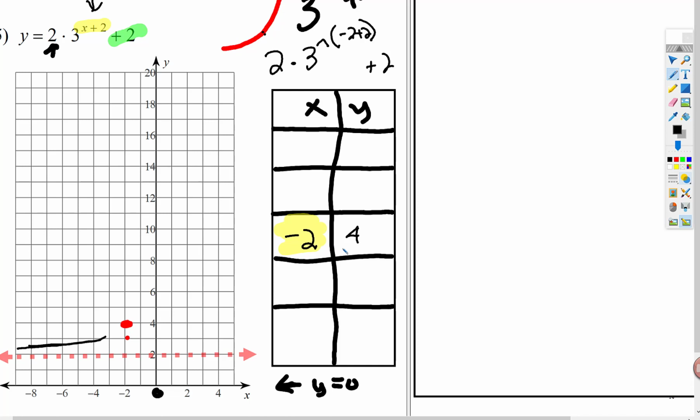Sorry about that. That's why the table of values is helpful, because it's easy to mess this up. And then go 2 to the left, 2 to the right, and then get your values to know exactly how steep this is going to run.